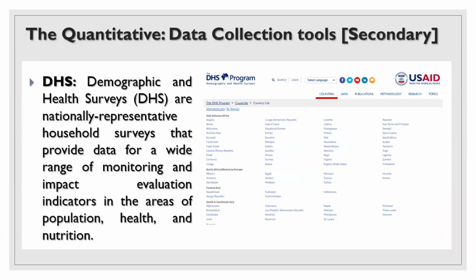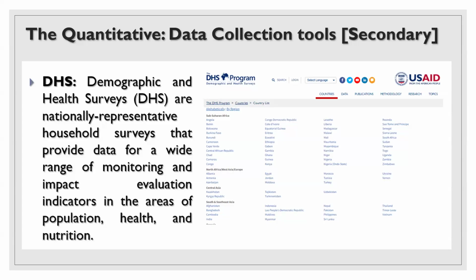Especially DHS data, which I know very well, they already go through the process of validity and reliability before they administer the questionnaire to collect the data. So they have already done the validity and all that for you. You may not need to do that if you're using secondary data.